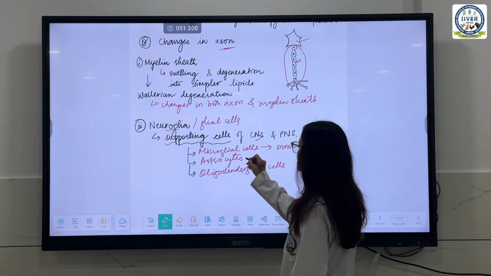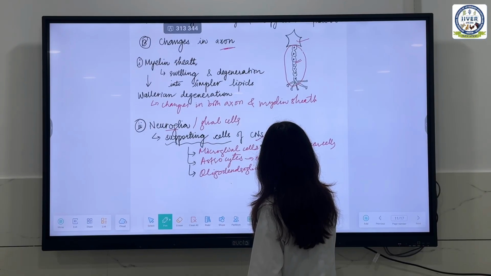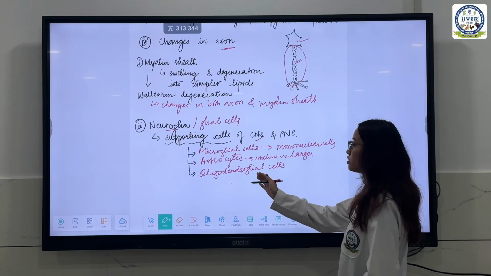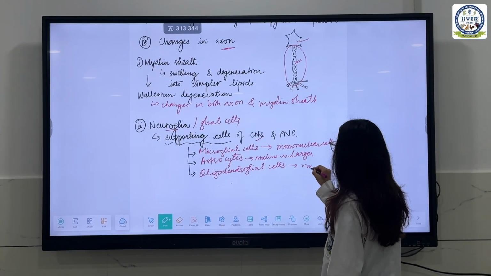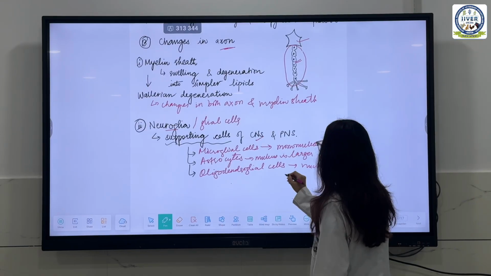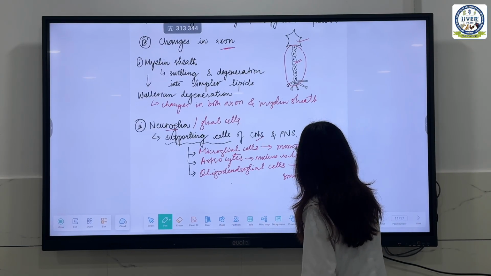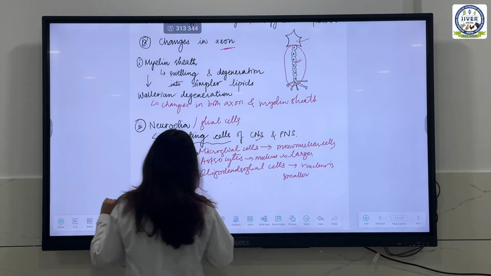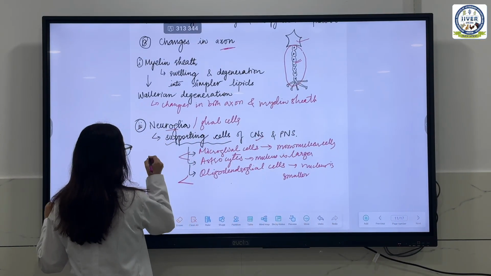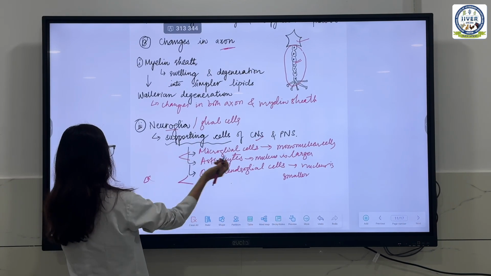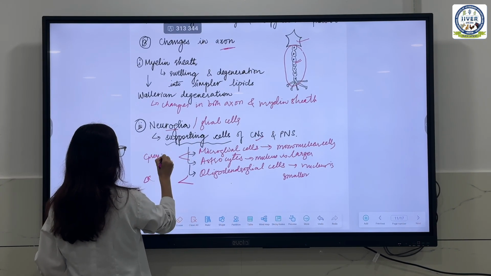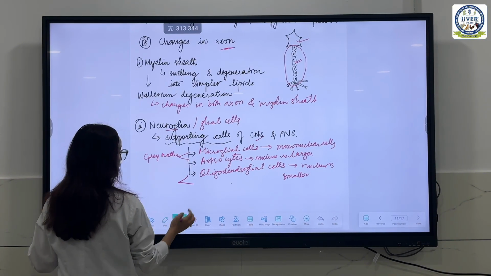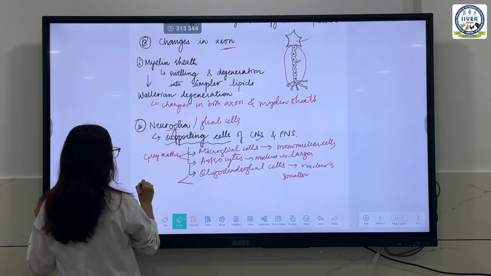In astrocytes, you will see that the nucleus is larger, while in oligodendroglial cells, you will notice that the nucleus is smaller than that of astrocytes. Now, microglial cells and astrocytes, you will find in gray matter, while the oligodendroglial cell, you will find in white matter.